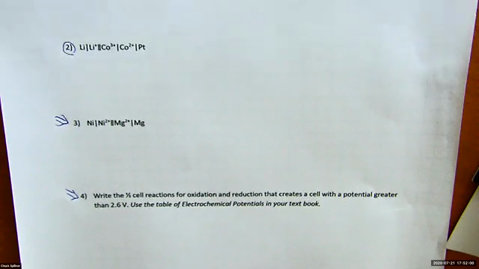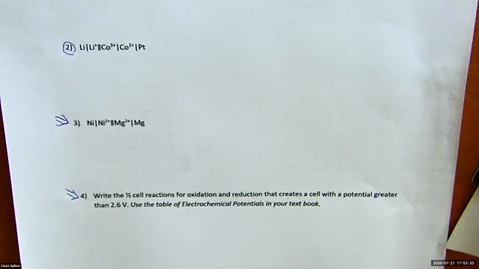If I'm correct, you need a reduction potential of 1.8 or greater. So you might need something with a higher reduction potential than zinc. I don't think gold was that high. I don't quite remember what gold was. I don't think it was 1.8. So anyway, that's what you have to do. You figure it out. Come up with a cell potential that's greater than 2.6.